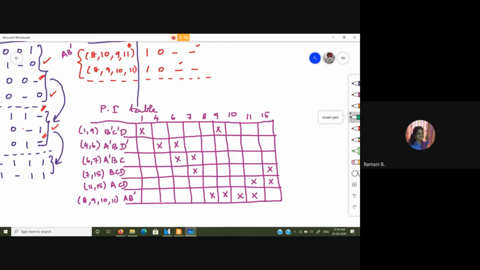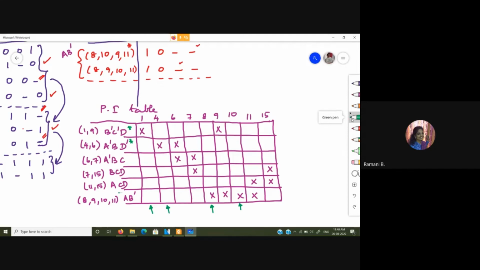So here we find a single tick mark, so the corresponding term is an essential prime implicant. Here again we find a single tick mark, so this is also an essential prime implicant. Here we are having 2 X's, here also 2 X's. Then here we have a single X mark.